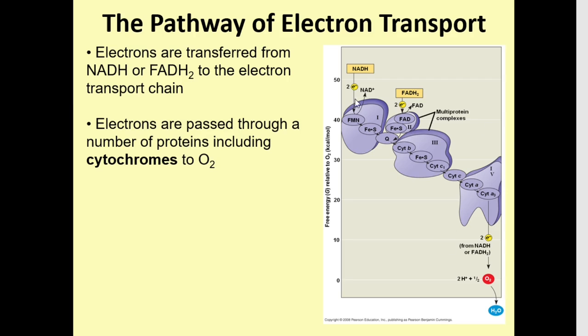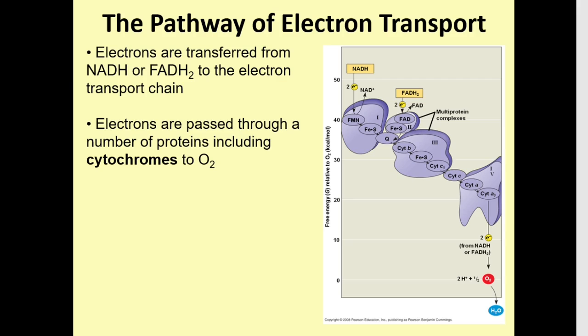So let's talk about that, because this is what it's all about, really. The electrons are dropped up here and passed into those proteins. The oxygen that we breathe, you can see it down here, this little red circle. Oxygen sits at the bottom of the electron transport chain, at the bottom of this last protein. Now, if you remember what I mentioned at the beginning of this session, oxygen is highly electronegative.